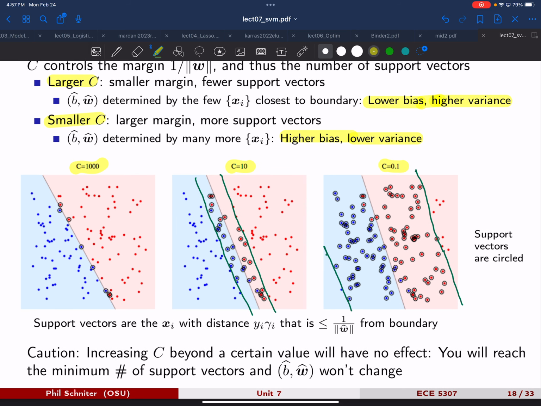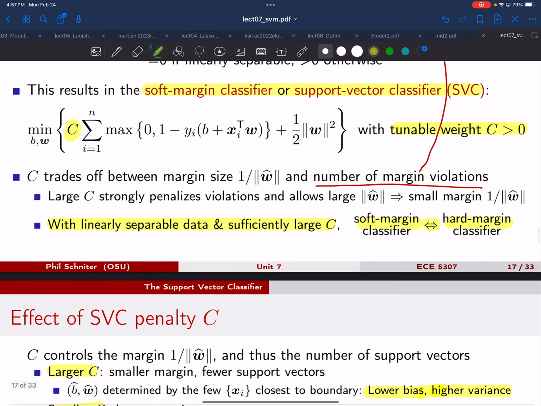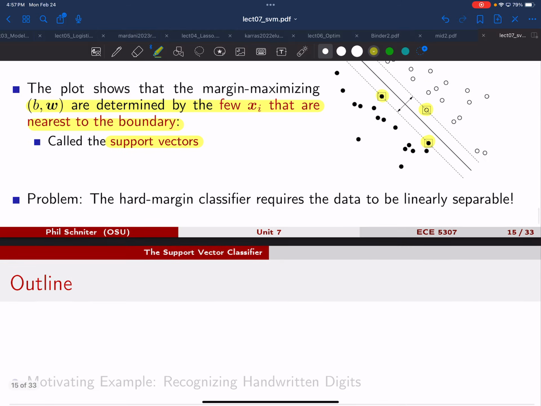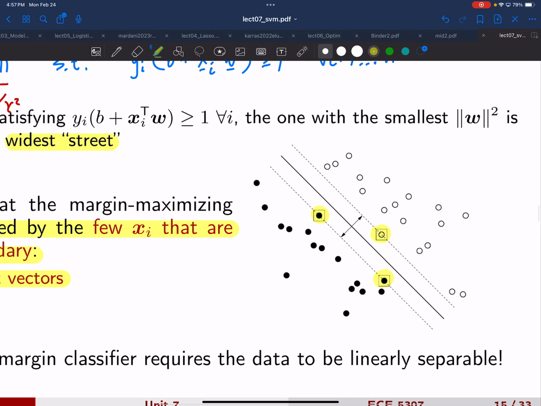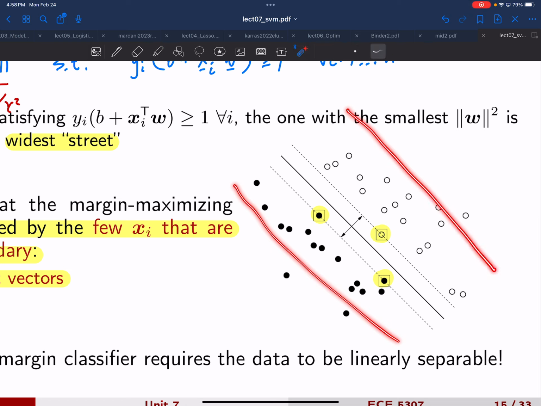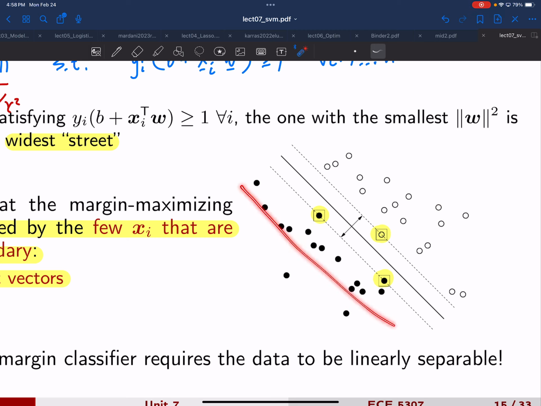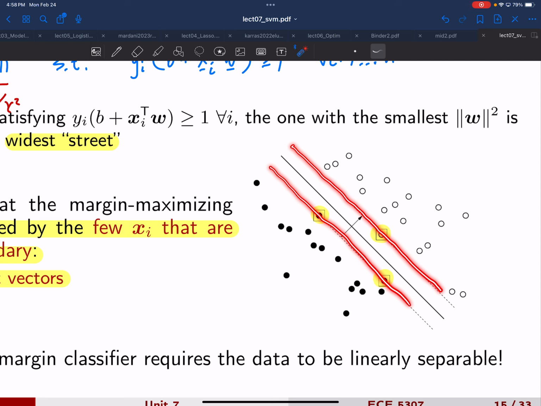Okay, one other thing to notice is that we said that as you increase C, the street narrows, but actually that only happens up to a point, and you can kind of see that here. If I had a very small C, maybe I get my street like this. And as I increase C, my street will get narrower and narrower, but at some point I will get up to here, and even though I may further increase C, I will never be able to make that street narrower just because of how this is all defined.